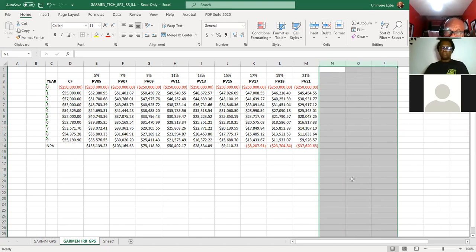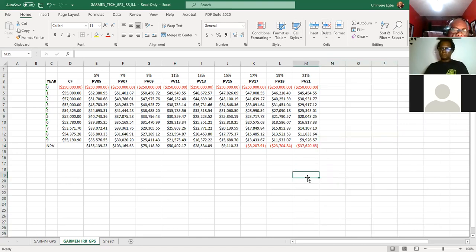And essentially what IRR says is, what would be your cost of capital such that the NPV of the project is zero? What cost of capital will make your project NPV become zero? And that cost of capital is what you call your IRR.